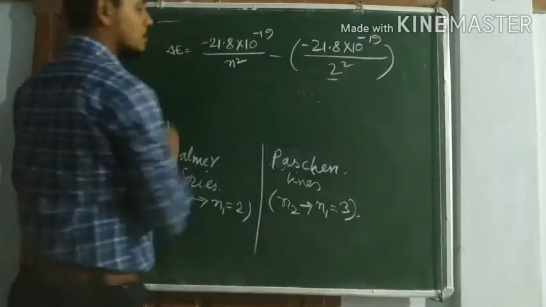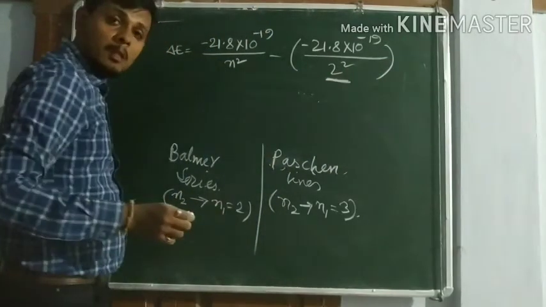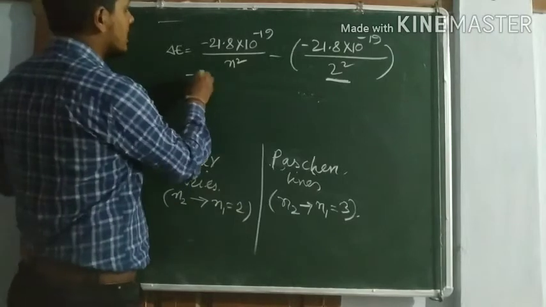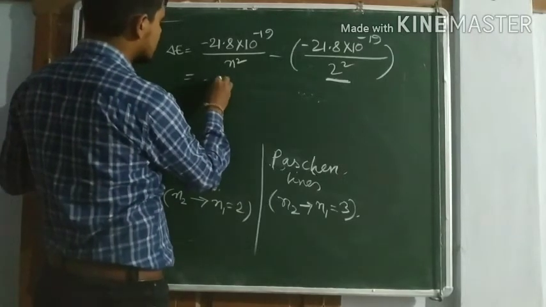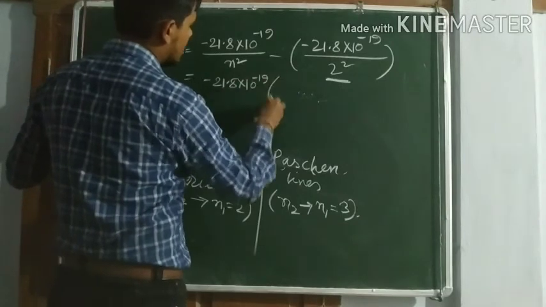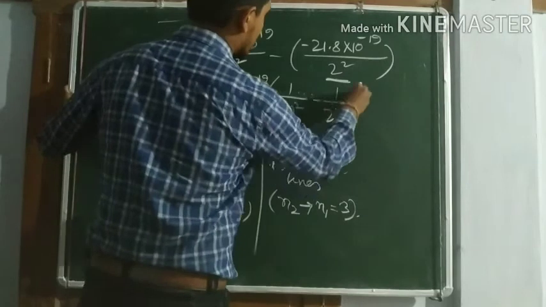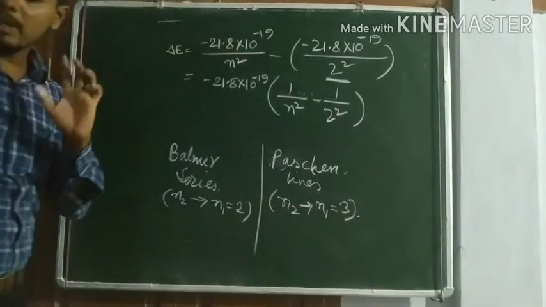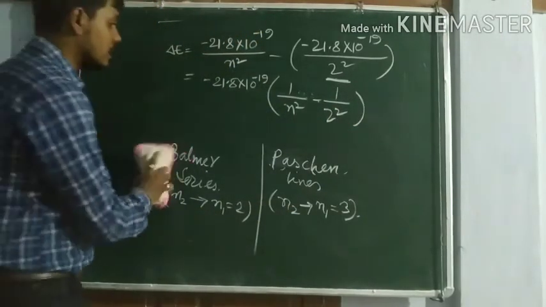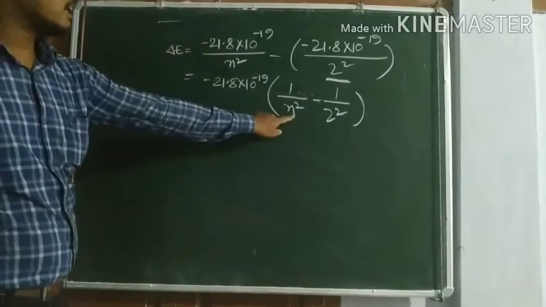That is for the Balmer series. The lower level is 2, n2 is 2. So this we get as minus 21.8 into 10 to the power minus 19 times 1 by n square minus 1 by 2 square. So this is for the Balmer series, where the higher level is n and the lower level is 2.